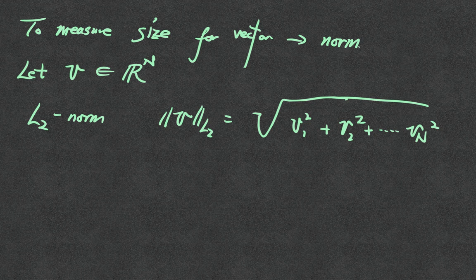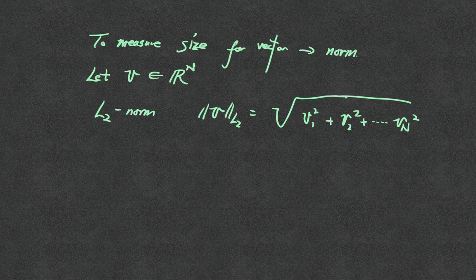It's also called the Euclidean distance. So if I have a distance going here and a distance going here, the length of this line is the L2 norm.